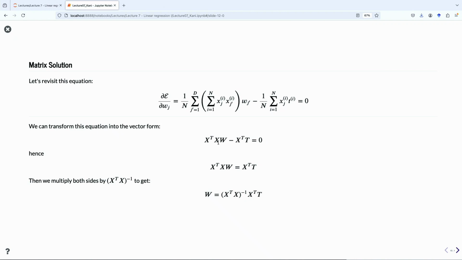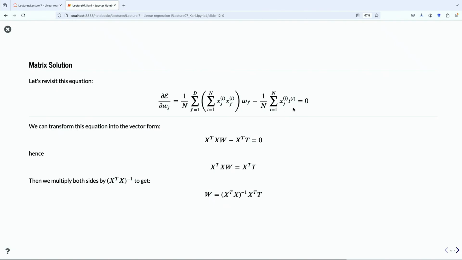So we could rewrite this whole expression as X transpose times X times w minus X transpose times the target. That's all we're doing here. We're multiplying each value of the input times the target.